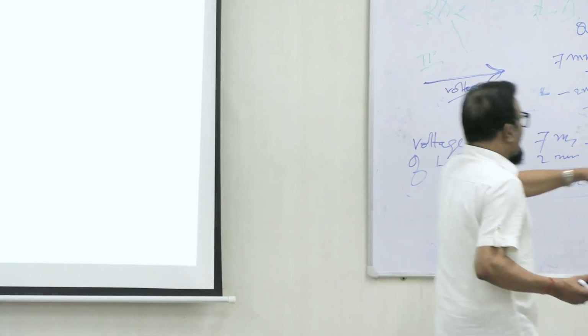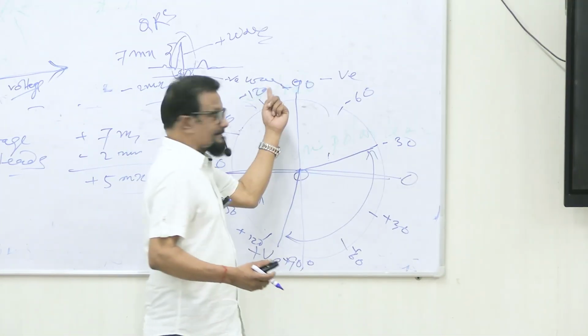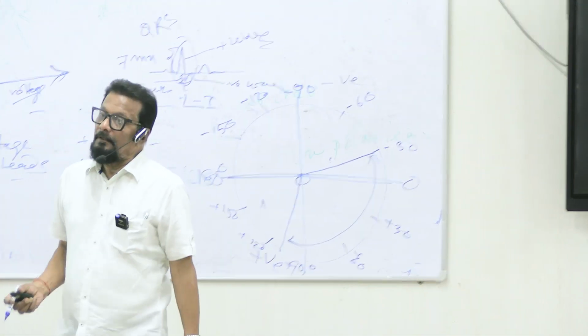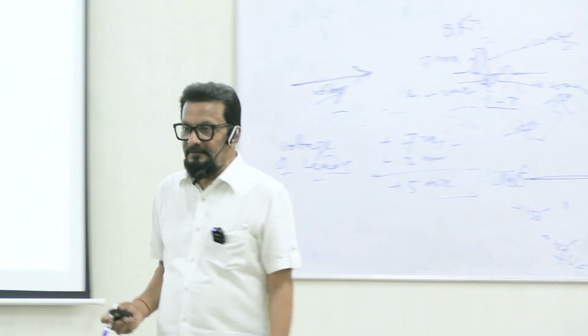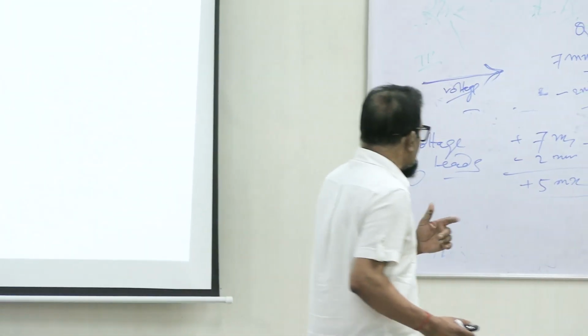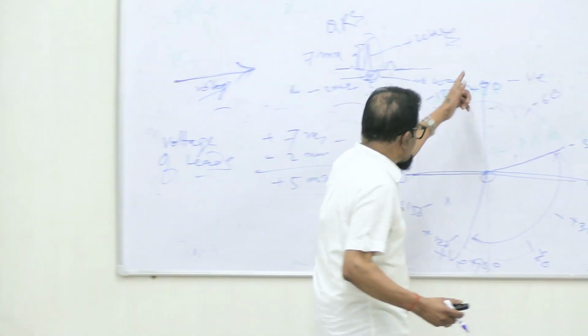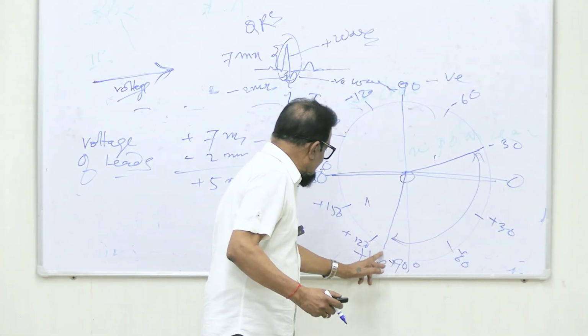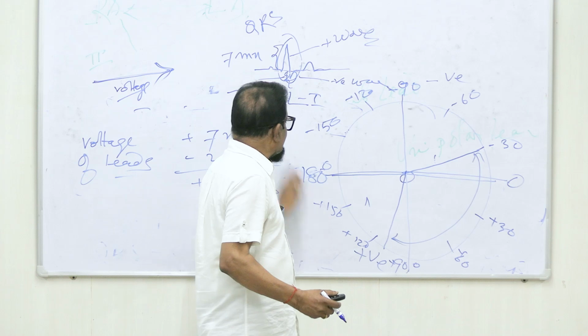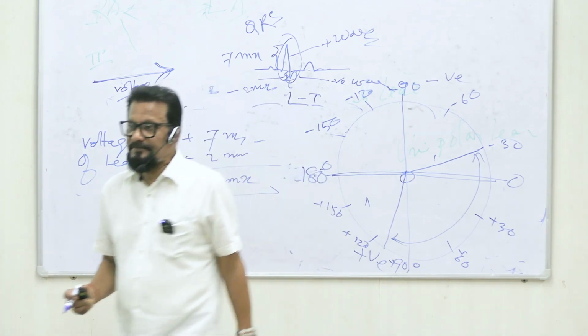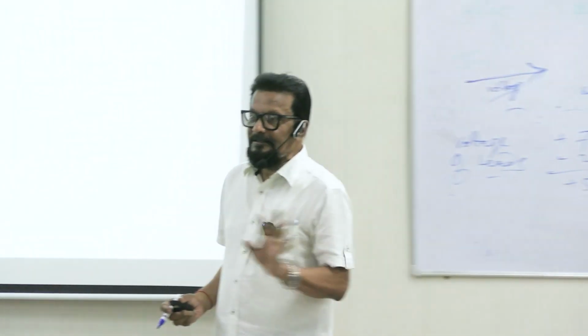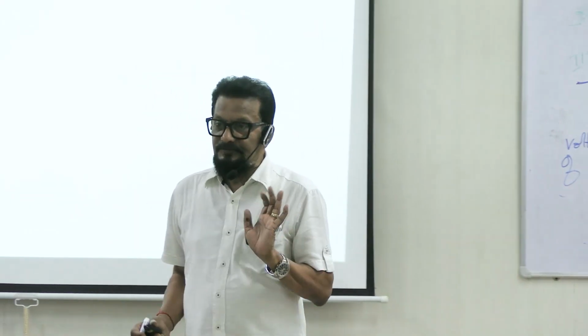If the axis lies beyond this on the negative side, it is called left axis deviation, and when it exceeds plus 110, it is called right axis deviation. We will see the conditions where this occurs.